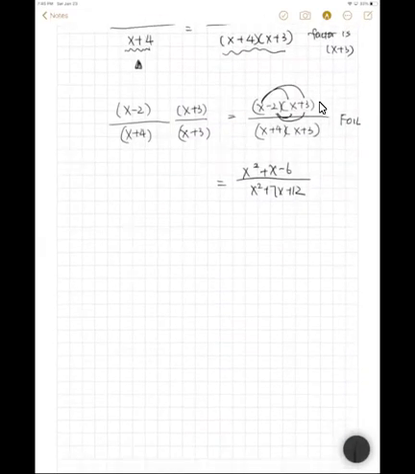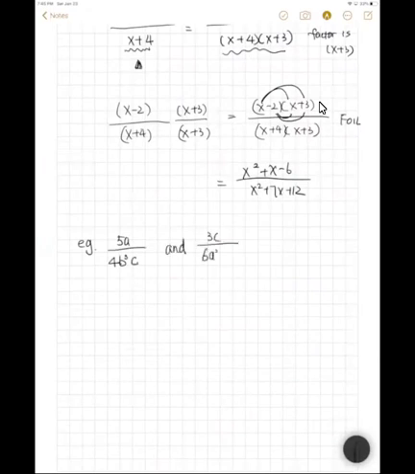For example, I have 5a over 4 times b to the c and 3c over 6a squared b. So how do I get these two to have a common denominator? The first, I need to identify the least common denominator first.